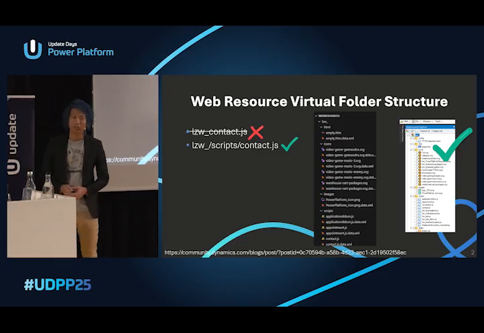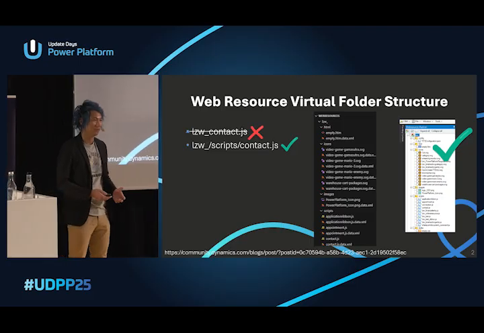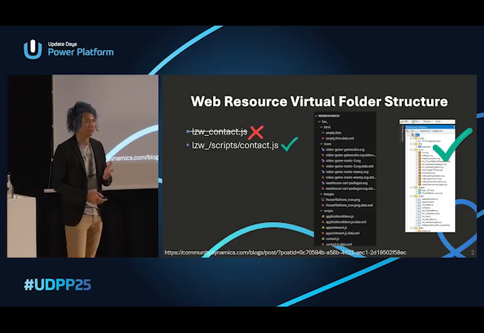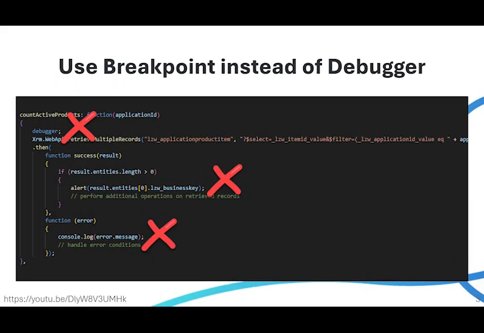And oftentimes, when I have juniors who develop first, when I review the code in the pull request, I often see the debugger, sometimes even in the production code. So try not to use debugger, console logs, or alerts.